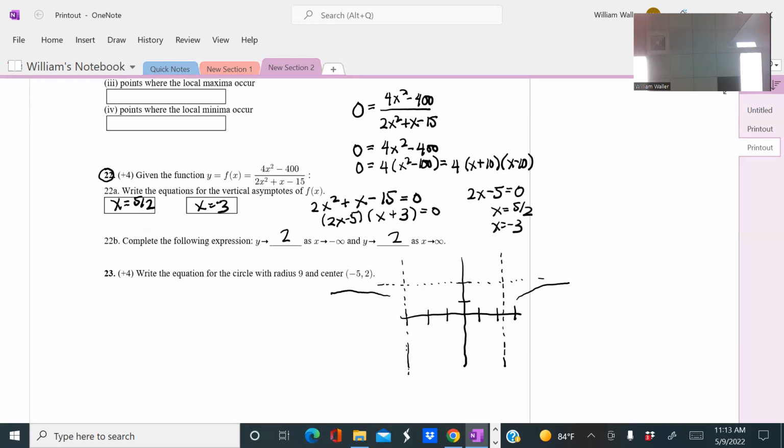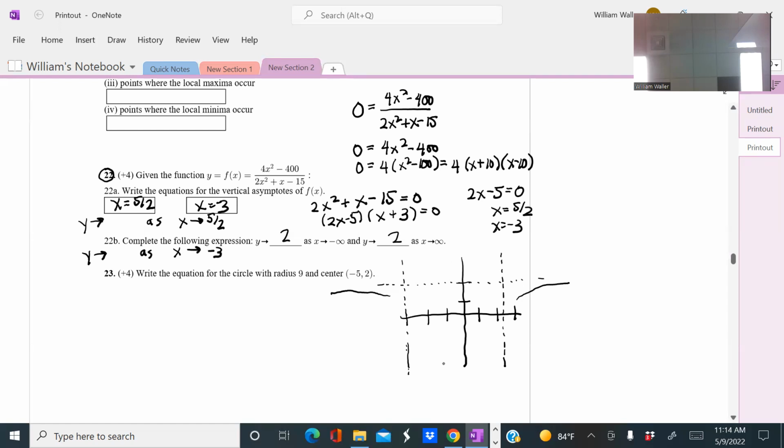If you wanted to express the vertical asymptotes like this, you would say y approaches something as x approaches either of these two values. It could be 5/2, or you could say y approaches something as x approaches -3.